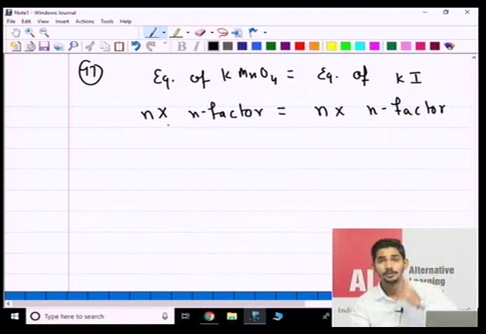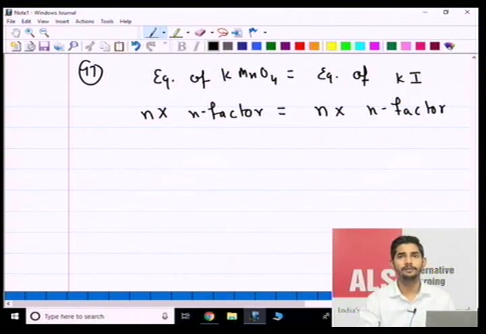Can anyone please tell me what is the n factor of KMnO4 in the basic medium? I have told you to remember a number. What was that? N factor of KMnO4 in the basic medium.